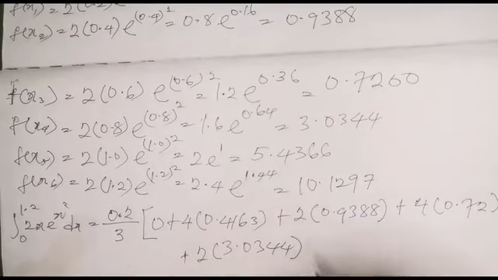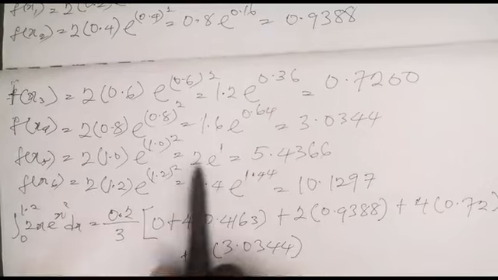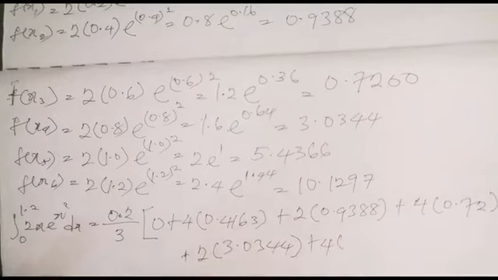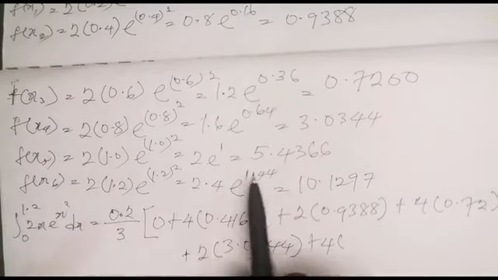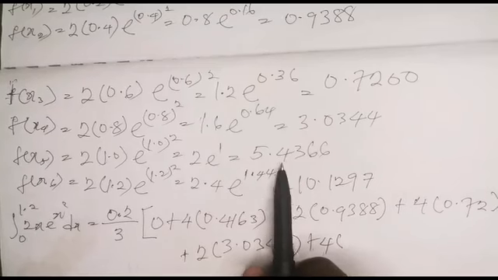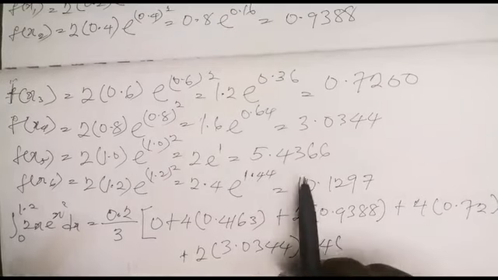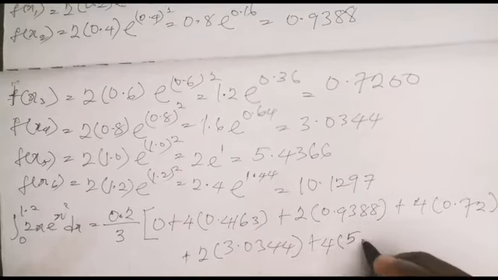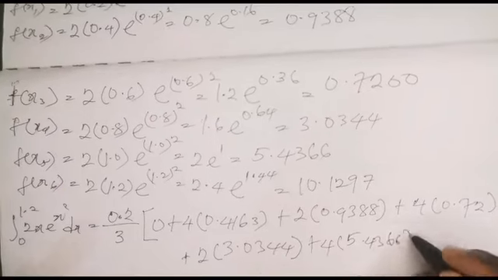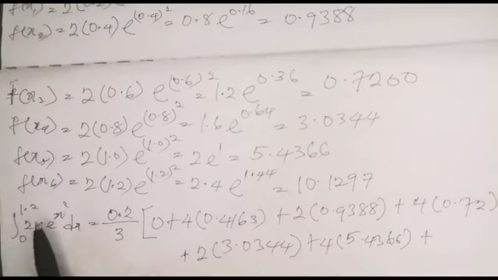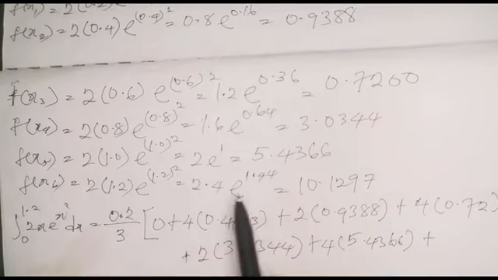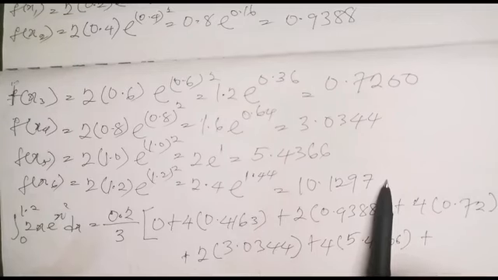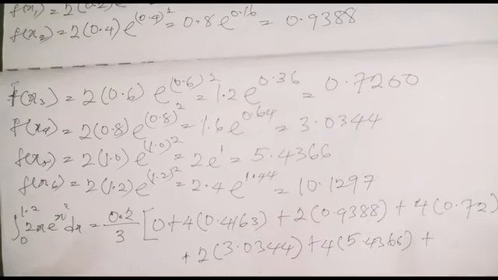Now we multiply f of x5 by 4. So again, plus 4 multiply f of x5, and f of x5 simply gave us 5.4366. So you have 5.4366 plus, now the last value, which is f of x6, is unmultiplied by any number. So you simply keep it like this, which is 10.1297.